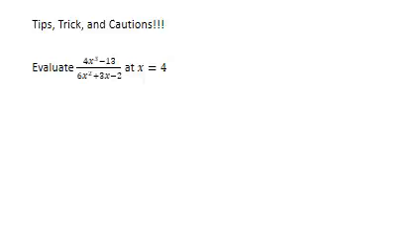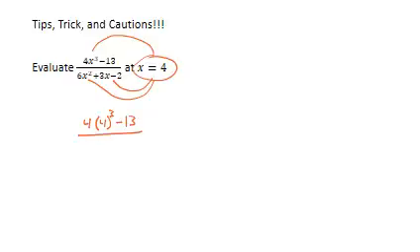And the tip here is still the same. Whenever we plug our x value of 4 in for x, always put it in parentheses. So I'm going to write this as 4 times 4 to the third minus 13 all over 6 times 4 in parentheses squared plus 3 times 4 in parentheses minus 2.